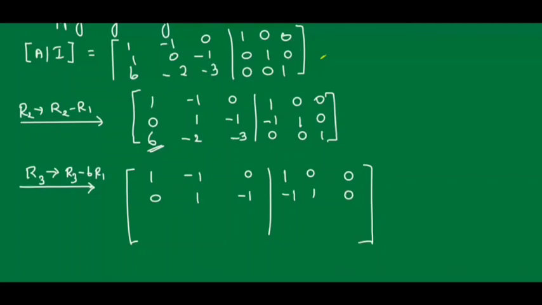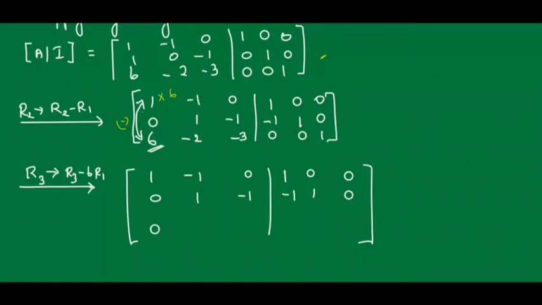The third row, I'm going to make the transformation with the first row, taking the first row multiplied by 6. The first row elements are multiplied by 6 and are being subtracted. So here the transformation becomes: the first element in the third row becomes 0.